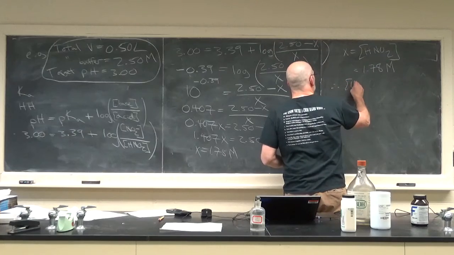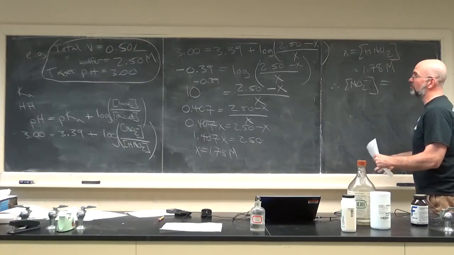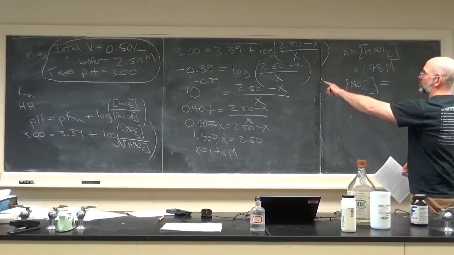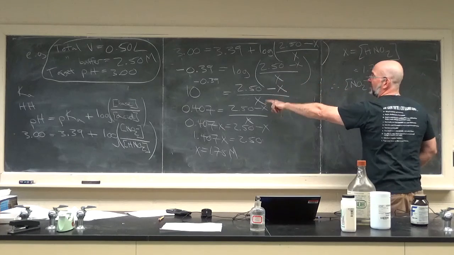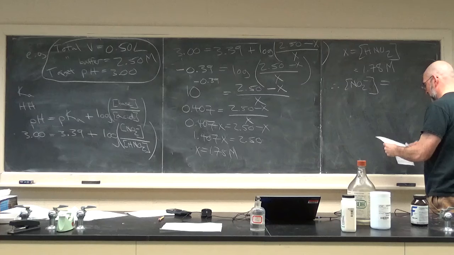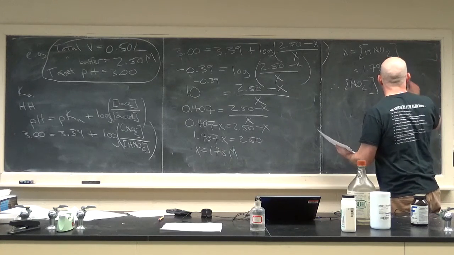Therefore, the concentration of the base is going to be 2.50, because that's the base right up here, 2.50 minus 1.78. And what's that end up being? 0.72.